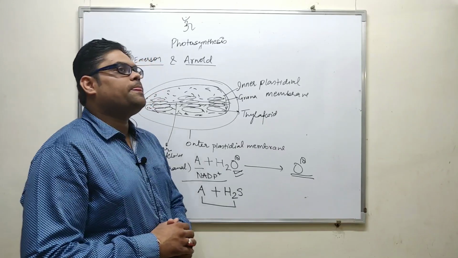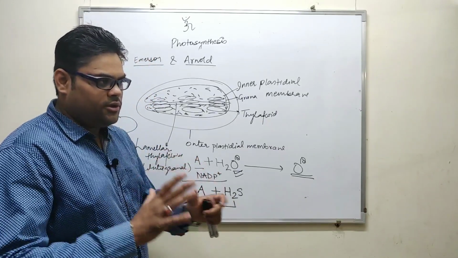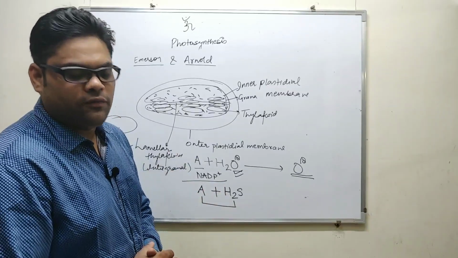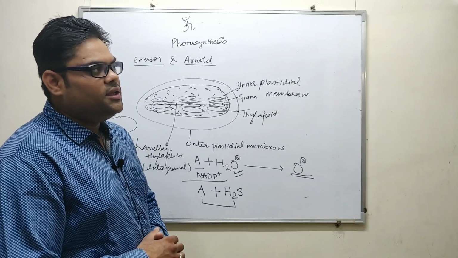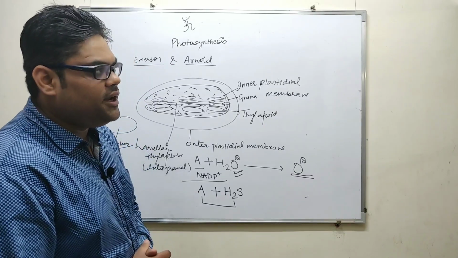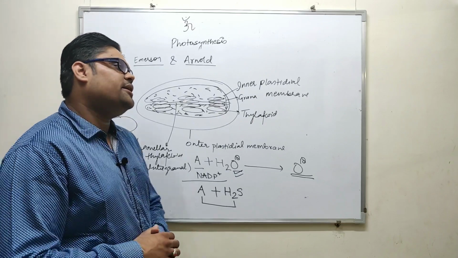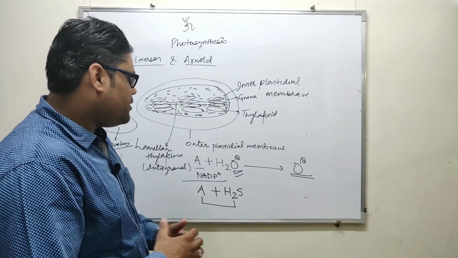Now coming to Robin Hill, he proposed the pathway of the light dependent phase. That's why the light dependent phase is also known as Hill's reaction. He conducted his experiment on Stellaria media, a kind of algae.